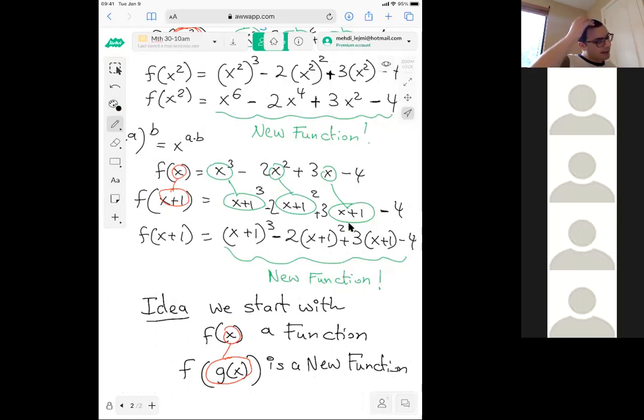Okay, so then this f of g of x has a name, and it's actually called the composition of two functions, right?